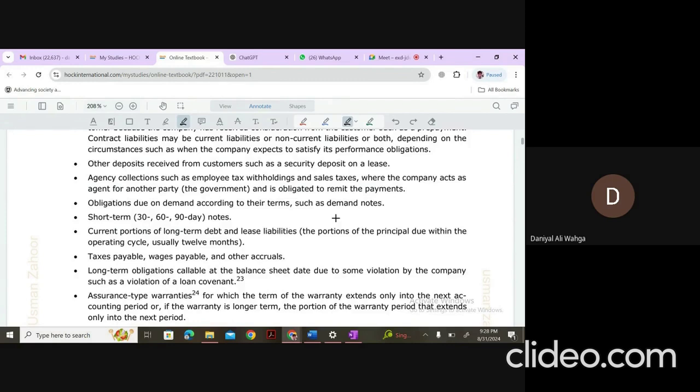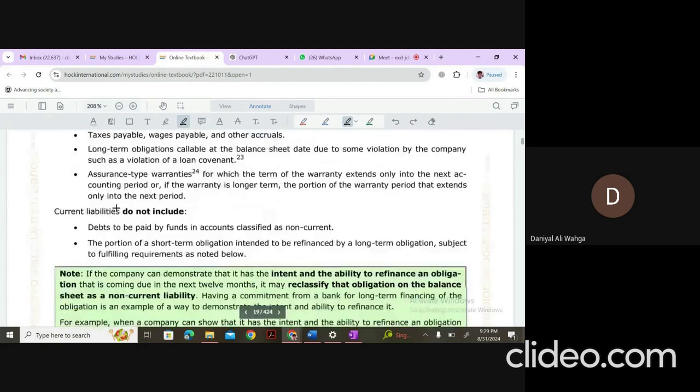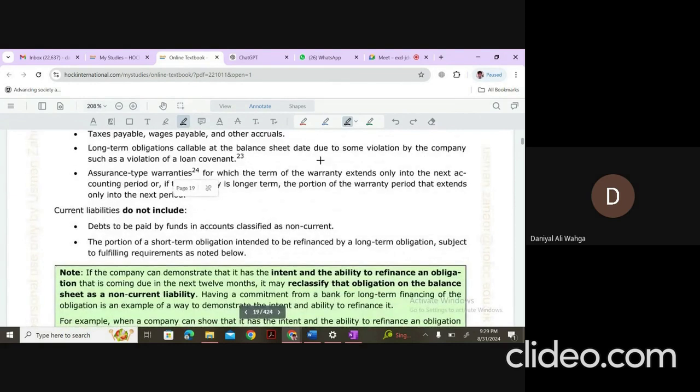Obligations due on demand, short-term obligations, current portion of long-term debt, and lease liabilities. That part of the lease liability which is going to be paid in the next year is also a current liability. Taxes payable, wages payable, other accruals, long-term obligations callable at the balance sheet date, and assurance-type warranties for which the warranty extends only to the next year.